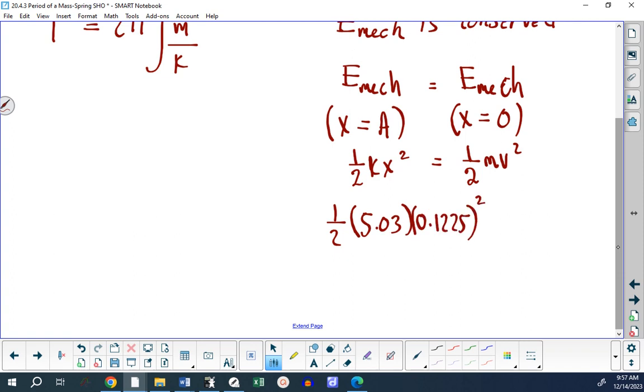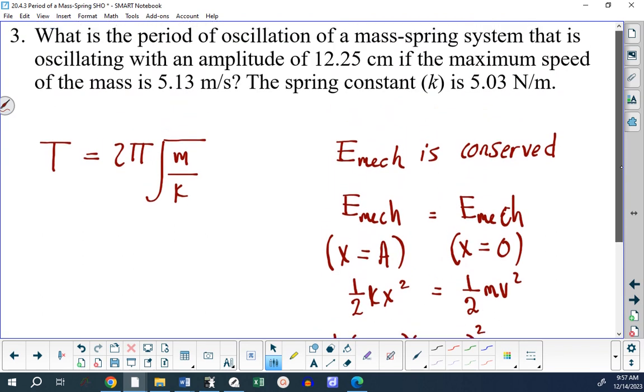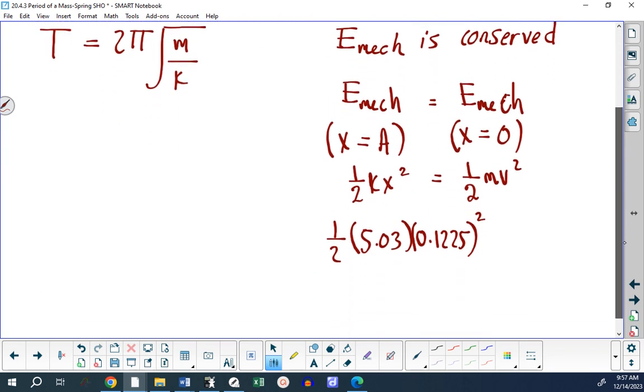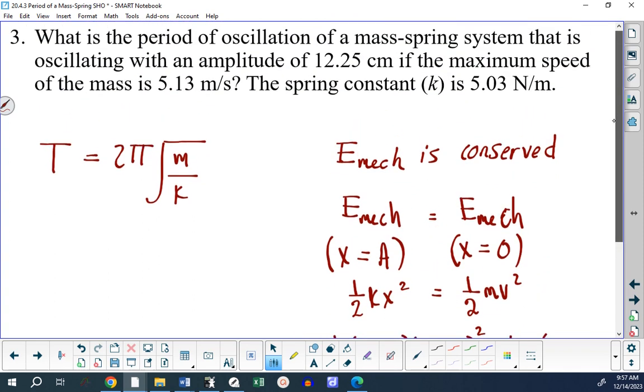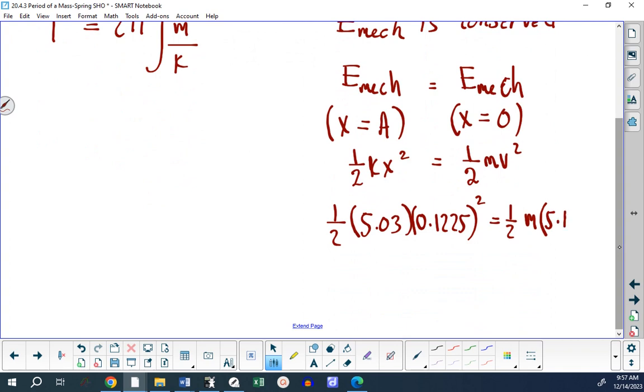I think I saw 12.25 centimeters as the displacement. Don't forget to square it. Equals 1/2 times the mass times the speed. The maximum speed is 5.13. Does that really say meters per second? Okay. The 1/2s cancel.